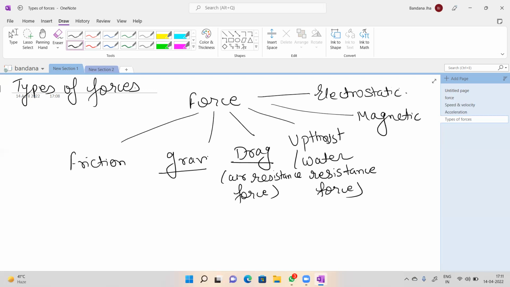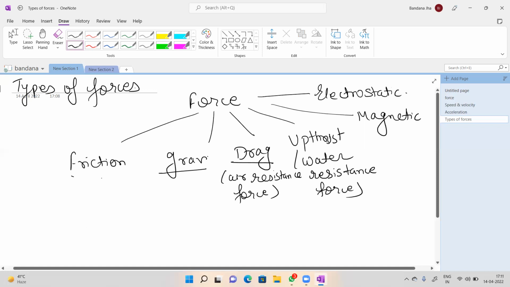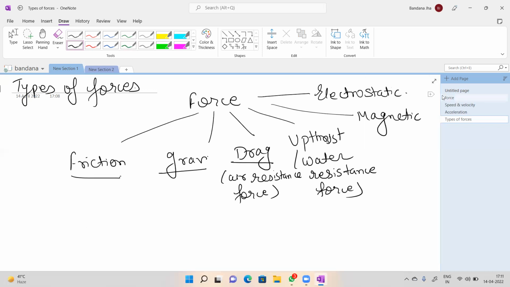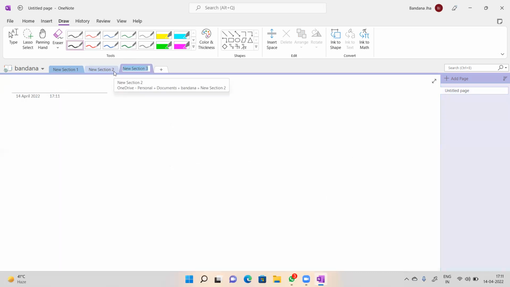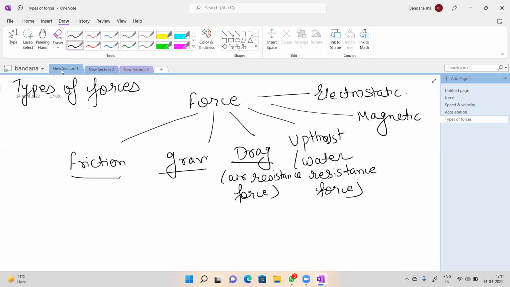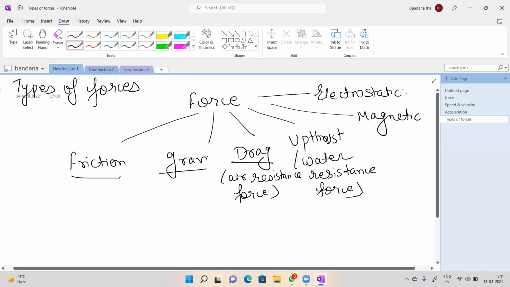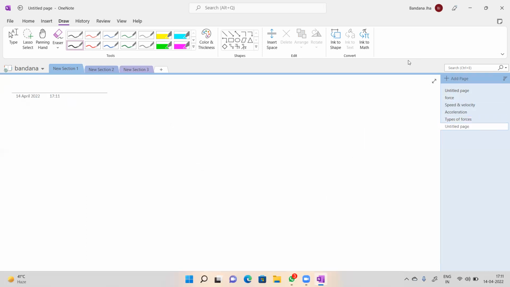Now, do you know about frictional force? Any idea? When two objects collide, friction is the force which is created to slow them down. Like if you're riding a car on a rough road, friction would be created and it would slow your car down. Very good.